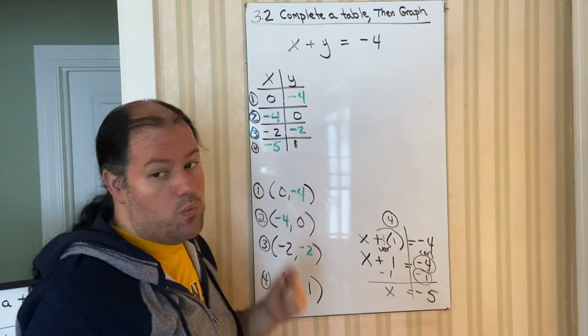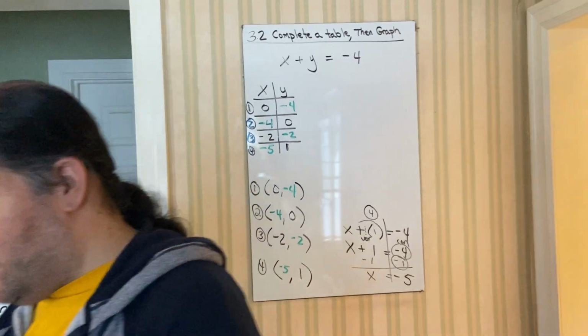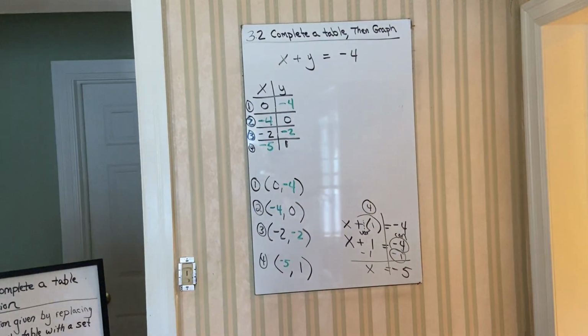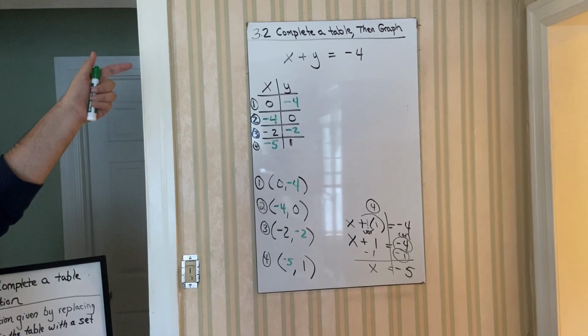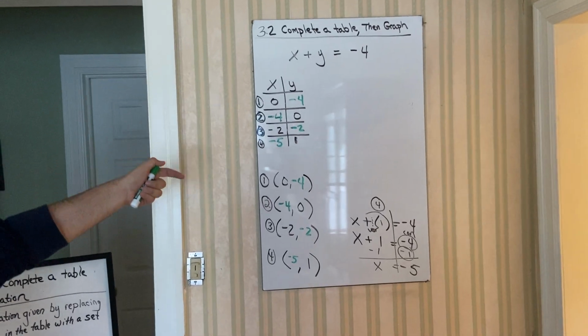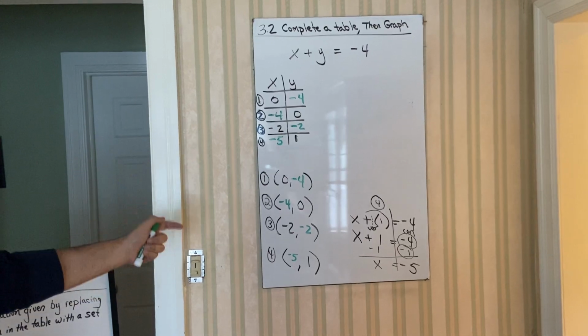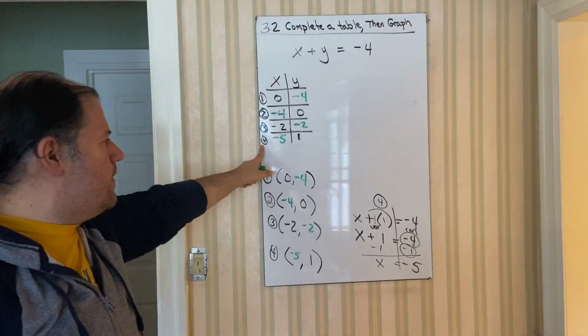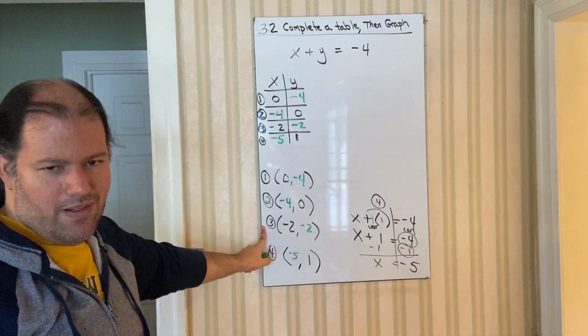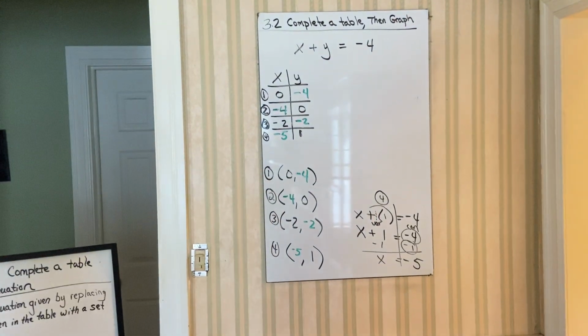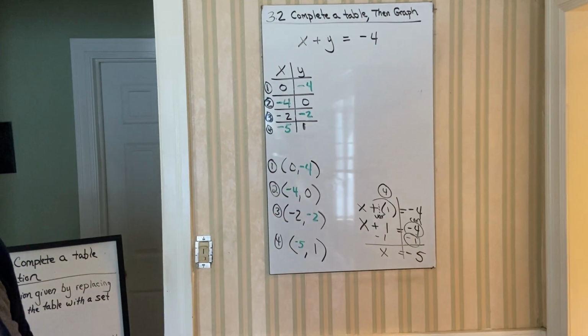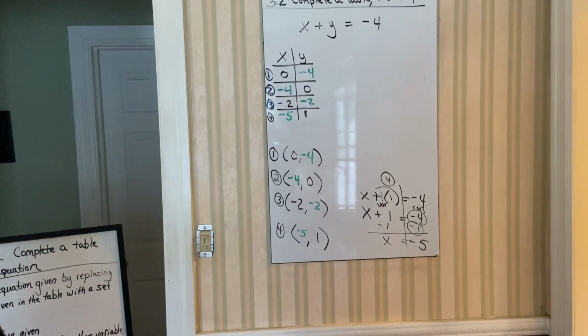So this is just one part of the ALEKS. ALEKS is going to ask you, for homework, to complete the table. Now once you get this table completed, notice either in table format or in ordered pair format that you have 4 ordered pairs or 4 points.